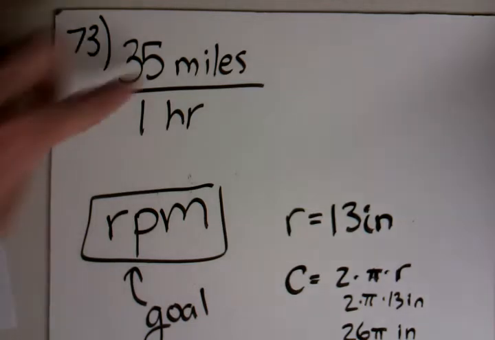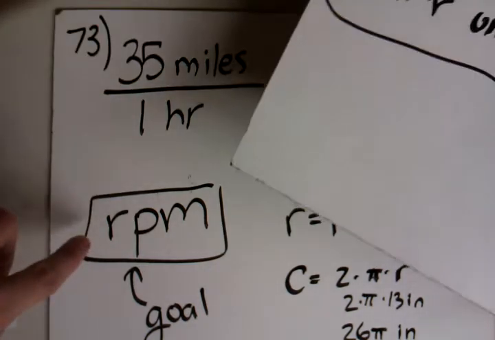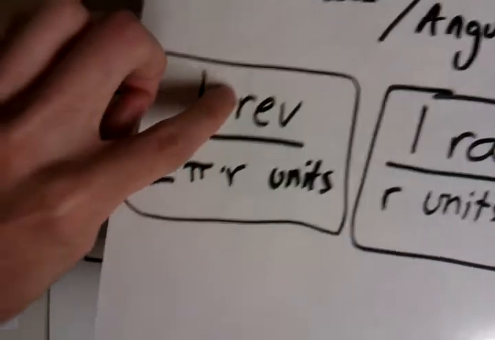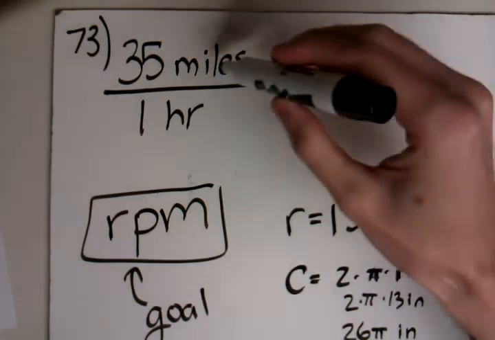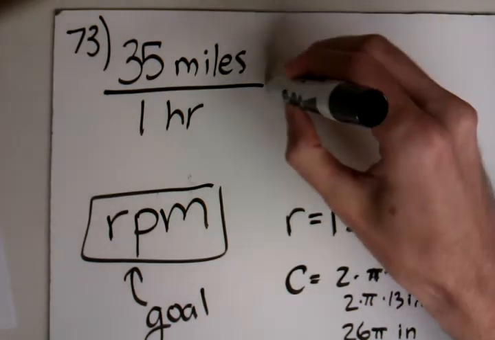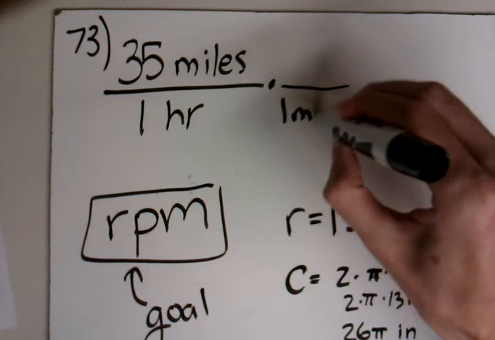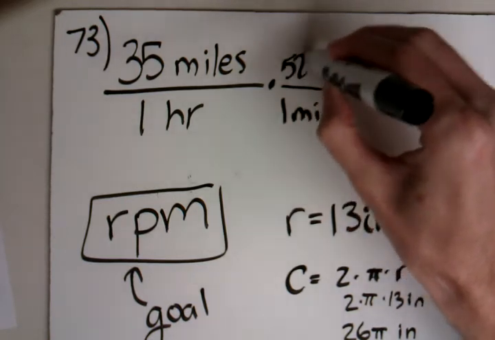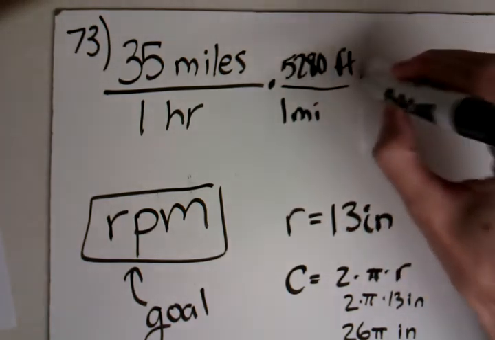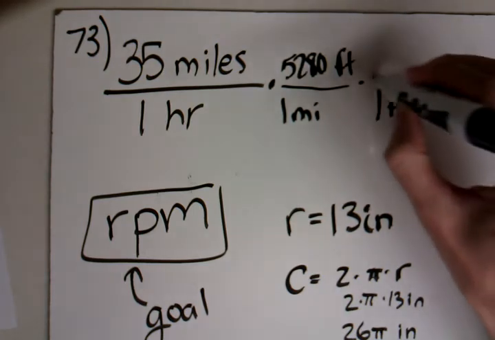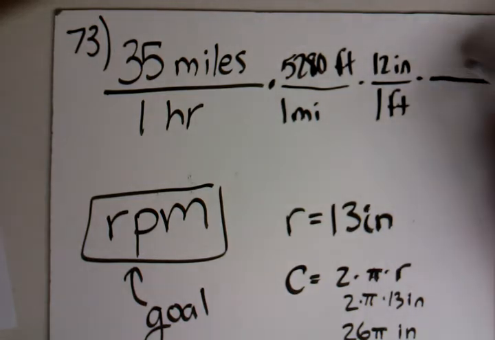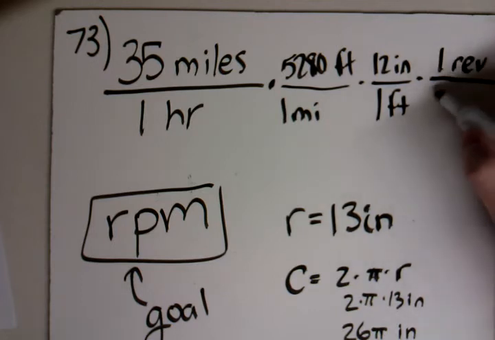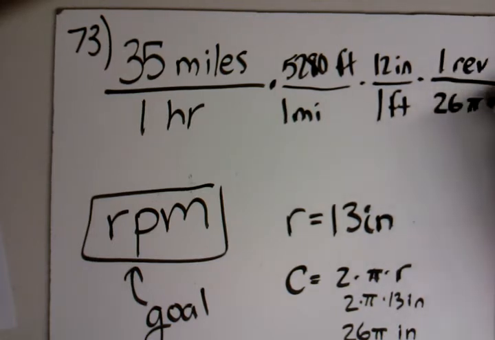So eventually I'm going to have to change from miles into revolutions, but first I need to change from revolutions into inches. So I need to get from miles to inches so I can do that. I know that in 1 mile there are 5,280 feet. In 1 foot there are 12 inches. And then I know that in 1 revolution there are 26 pi inches.